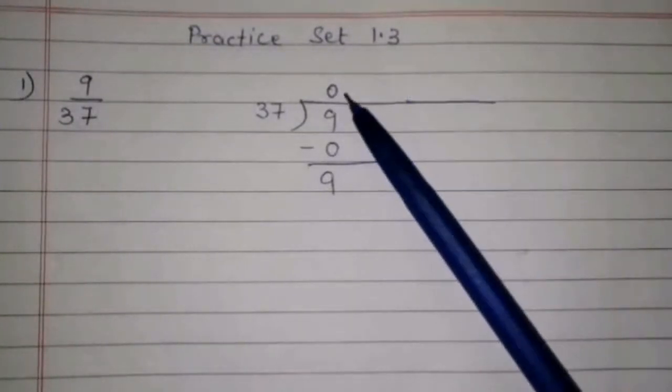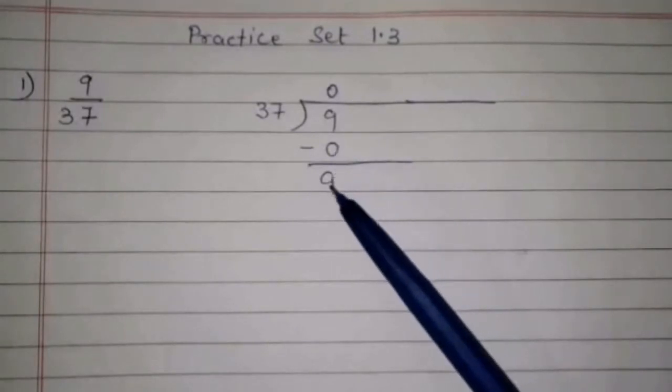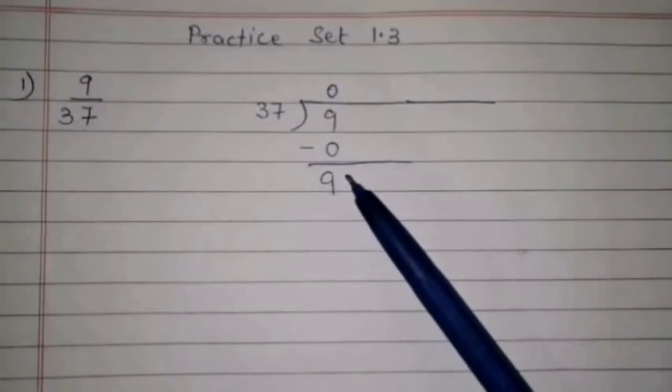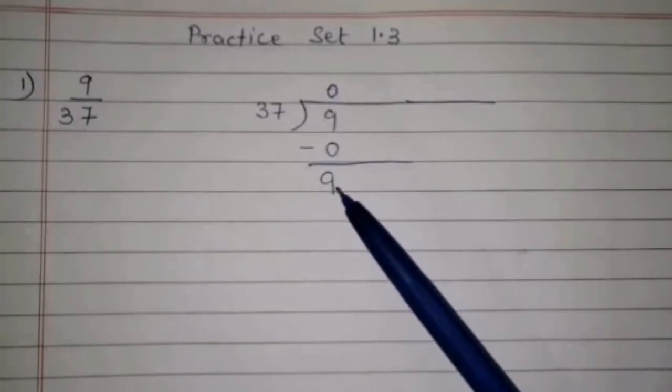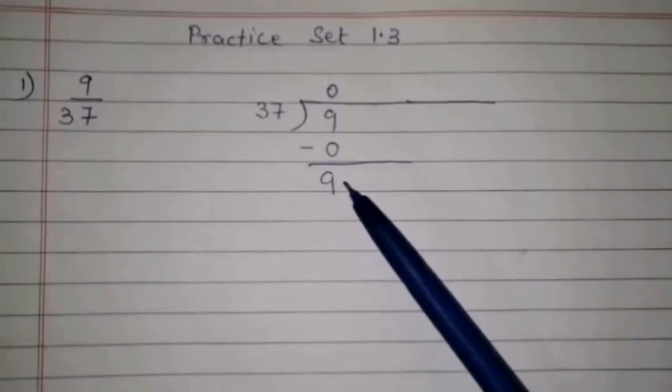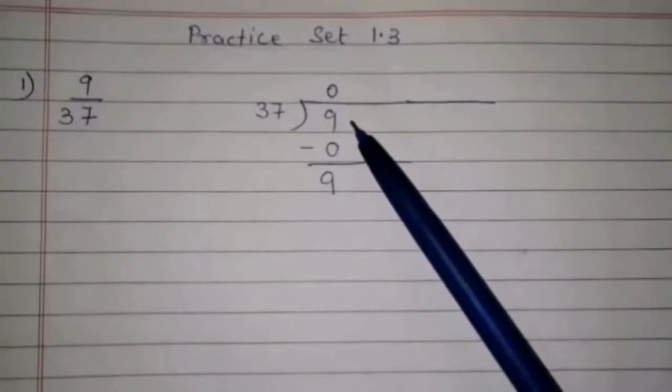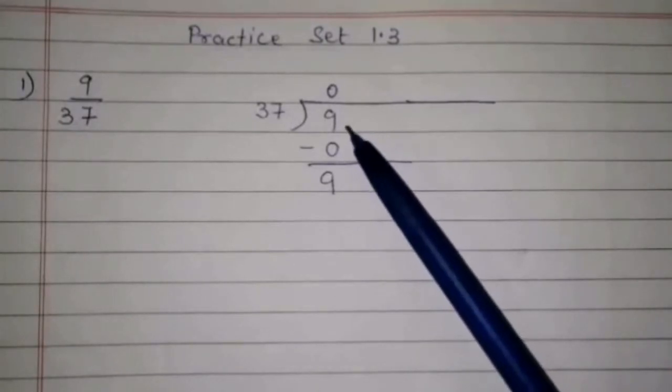So quotient becomes 0, 9 minus 0, so we get 9. Now to continue with the division, we have to take 0 over here, so we will put 0 over here also.